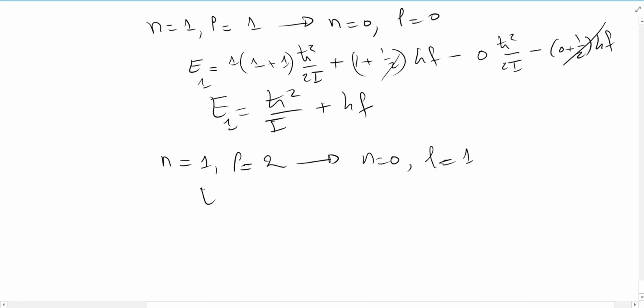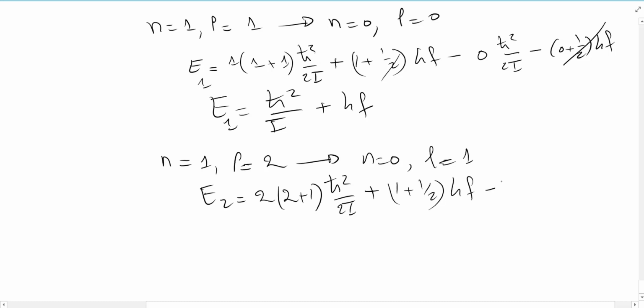Okay, so in this case I'm going to call it E2, the second transition. Let's start with L equals 2. So we have 2 times (2 + 1) times h bar squared over 2I, plus n equals 1, so (1 + 1/2) times hf, minus, in this case L equals 1, so 1 times (1 + 1) times h bar squared over 2I, minus, again, n equals 0, which is 1/2 of hf.